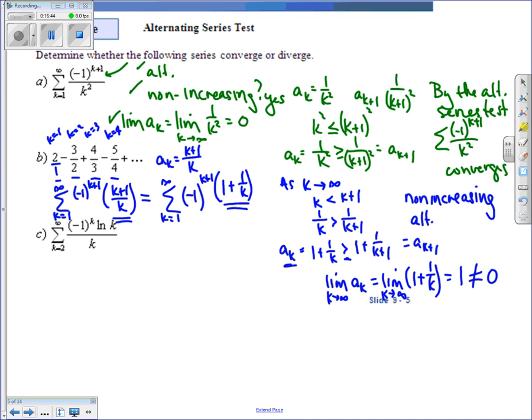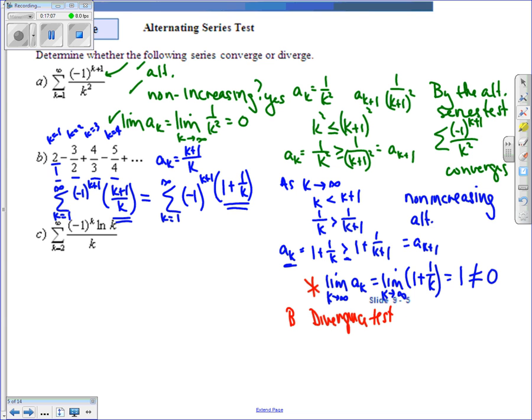Now, we can't use the alternating series test to say it diverges. We can say it doesn't look like it converges, but what we're really using here is the fact that the divergence test tells us that it diverges.